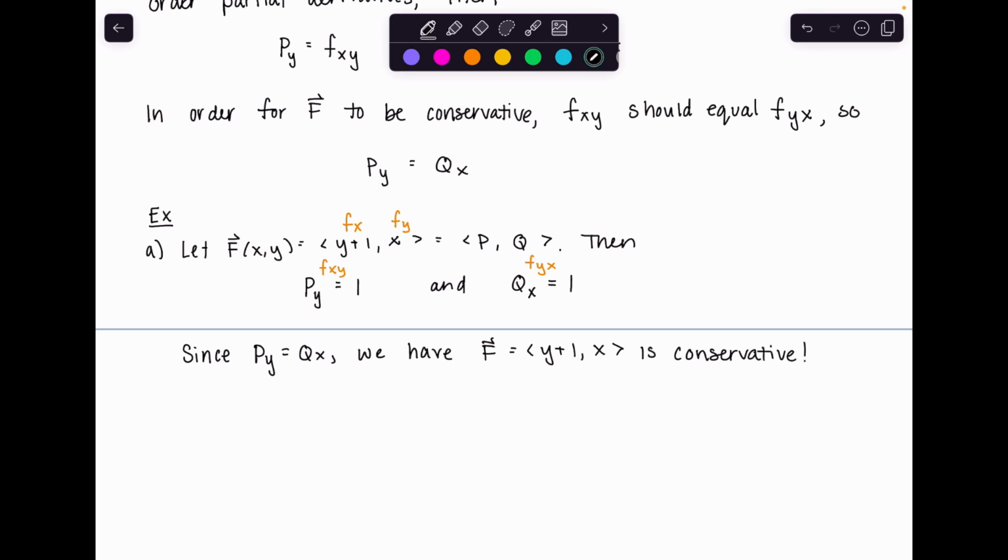So it means I can find a function who has these partial derivatives because then the second mixed partials are going to be equal.